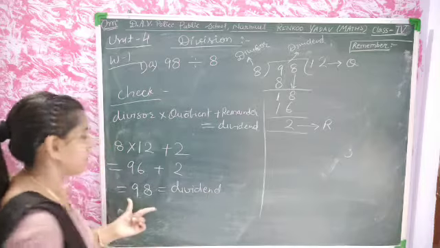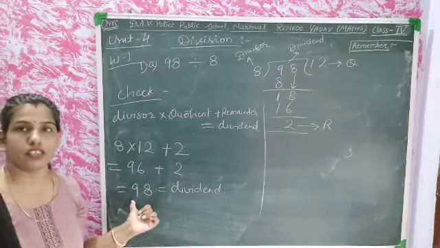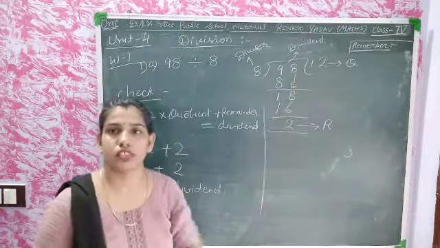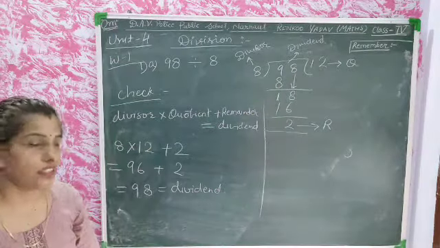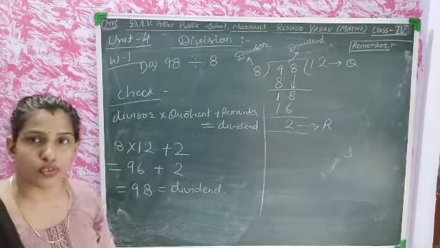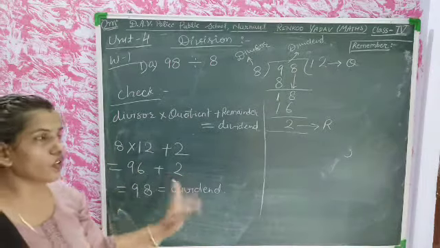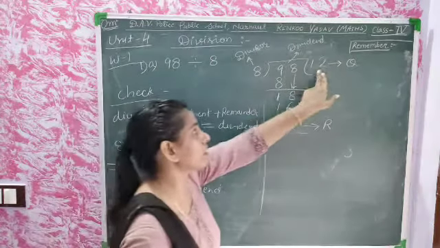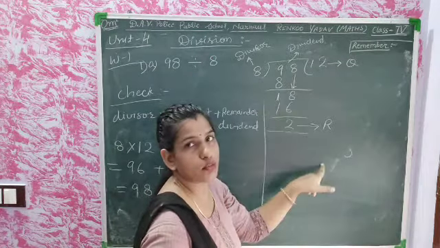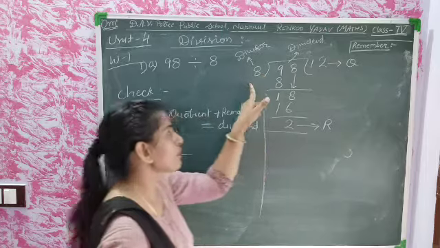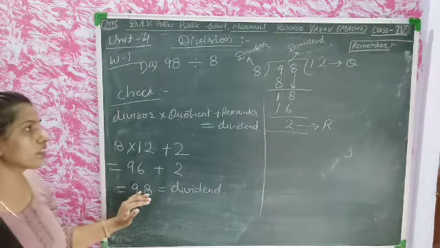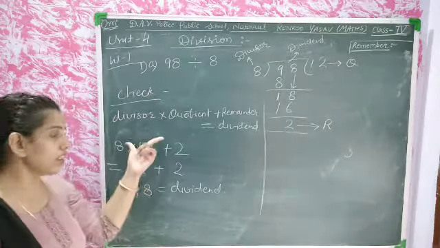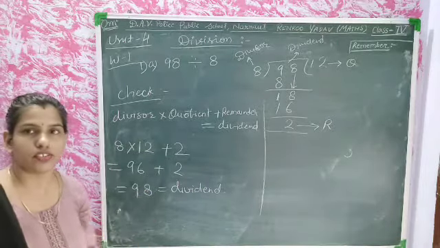If this is not equal to 98, then there is something wrong in this process. Okay, students, and the remaining questions you will do yourself, doing all the questions like this. First divide these numbers, taking their names, quotient, remainder, divisor, and dividend, and then we will solve this question by this process. First write down this and then solve this.